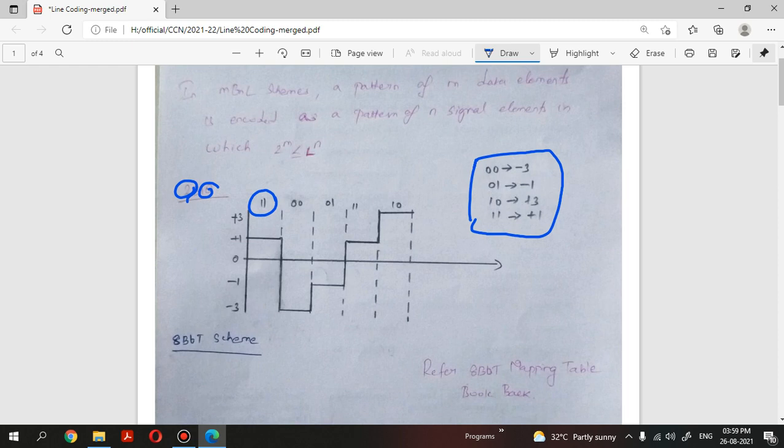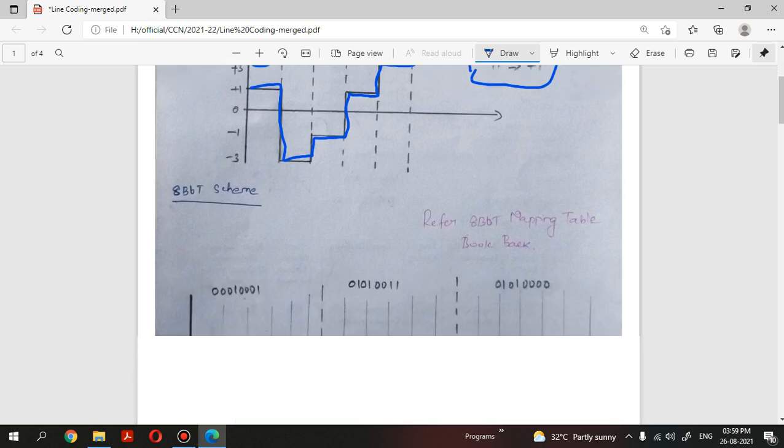For 11 I give +1, for 00 I give -3, for 01 I give -1, for 11 +1, and for 10 +3. This is how the graph needs to be drawn, and the voltage level needs to be varied.